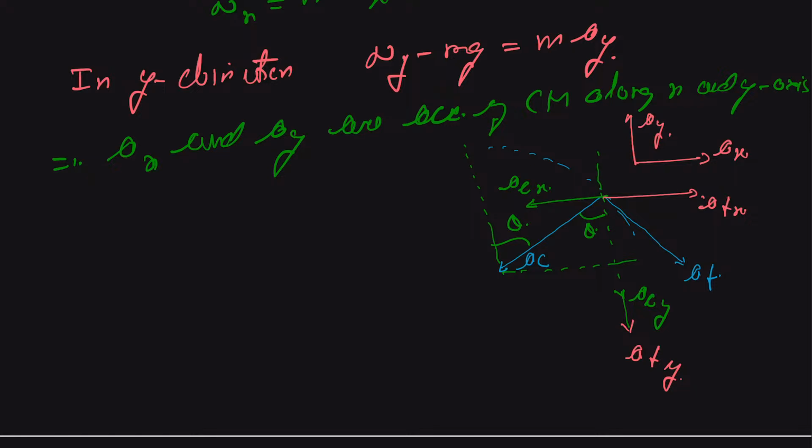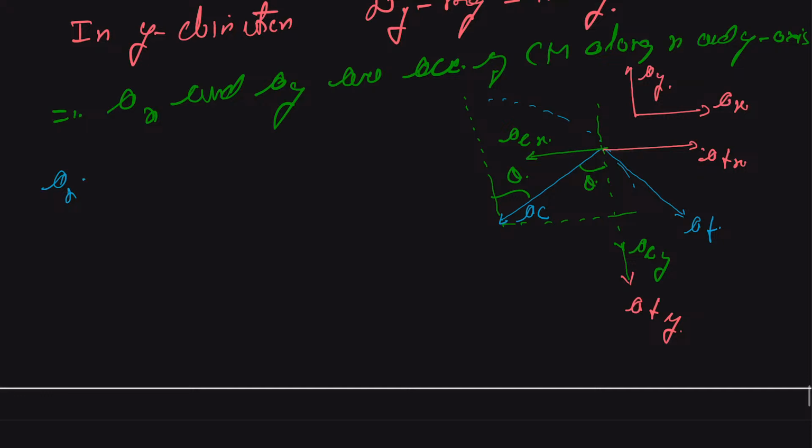Therefore, we can say that A of x will be equal to AT of x minus AC of x, and AT of x we know is AT cos of theta, and AC of x is equal to AC sin of theta. So A of x is AT cos of theta minus AC sin of theta.